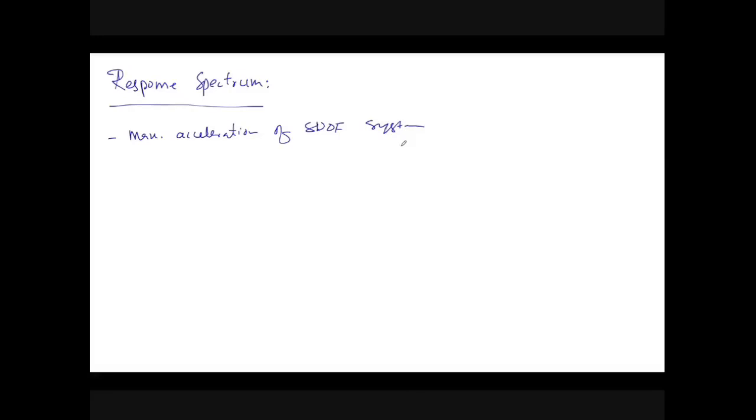So remember that when a site-specific response spectrum is not available, then the seismic code provides a method for generating a design response spectrum for modal response spectrum analysis.